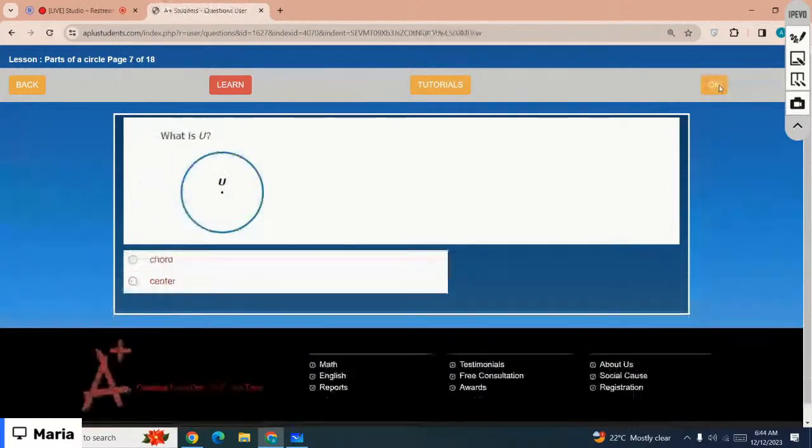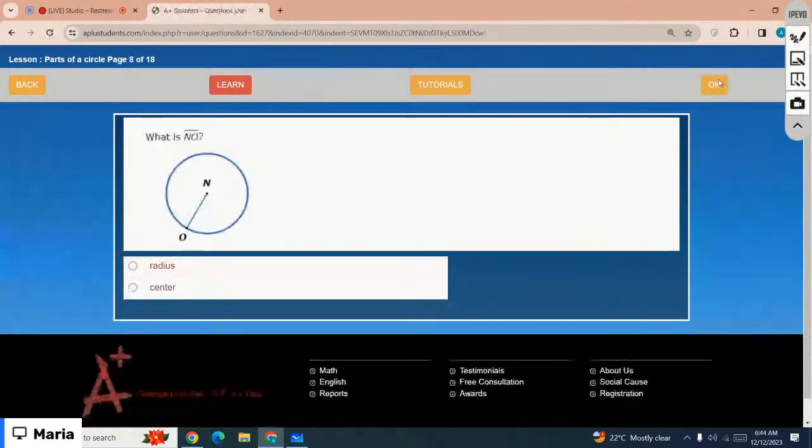What is U? Which is the correct option? U is the center of the circle. What is NO? Radius or center?